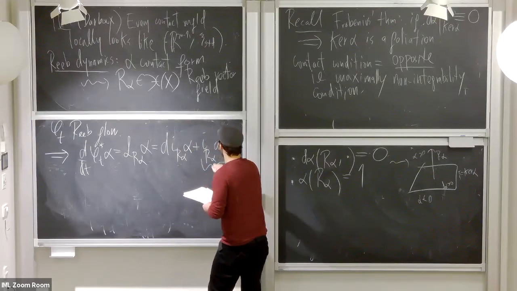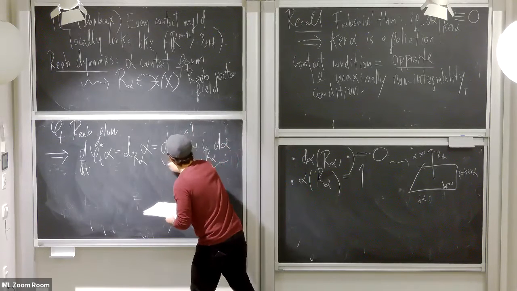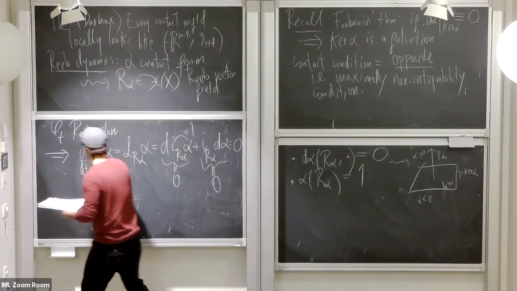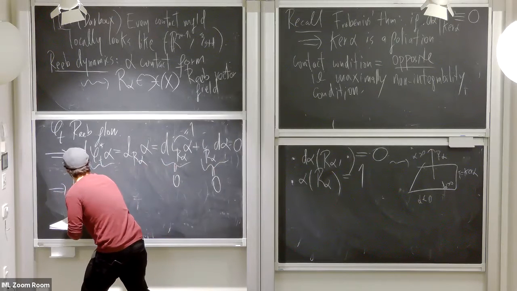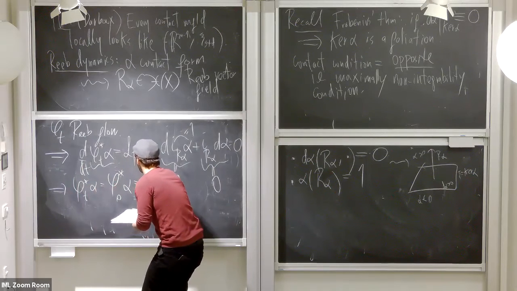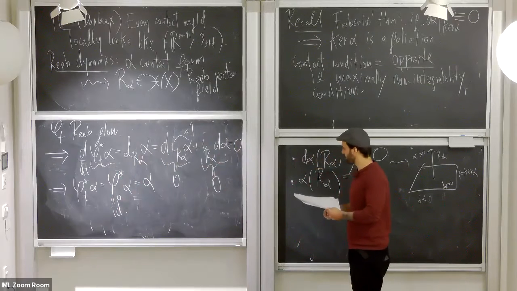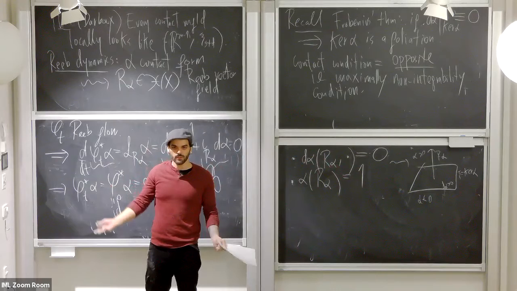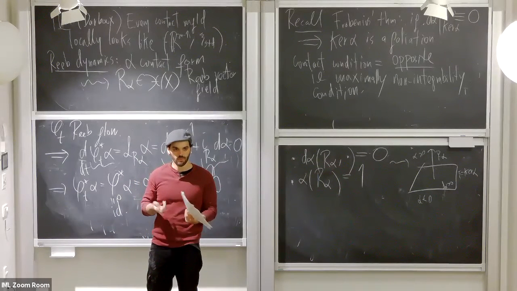And by definition, this term is 0, and this term is constant equal to 1, so its derivative is 0. So the derivative of this one-form is 0, so it has to be constant. In other words, phi t pulled back alpha is what it does at time 0, which is alpha because this is the identity. So the Reeb flow preserves alpha, so it preserves all the geometry. It preserves the kernel and it preserves the one-form.